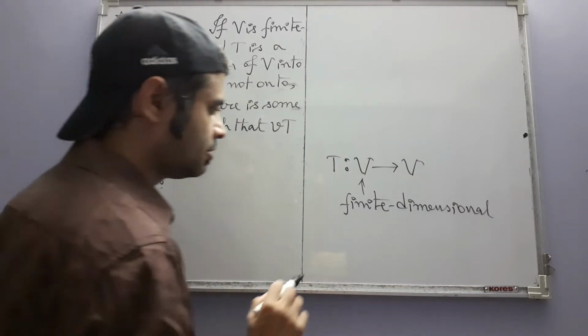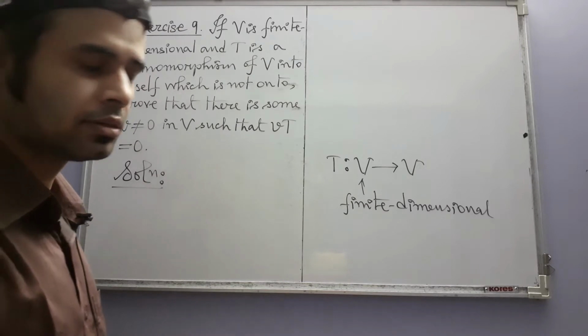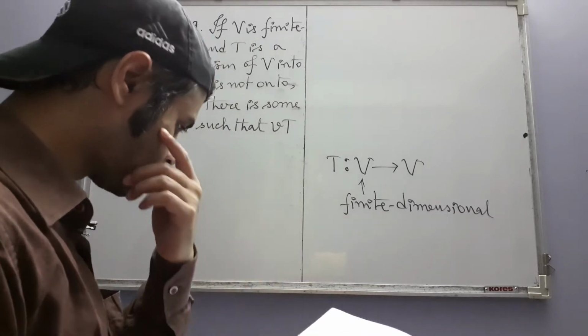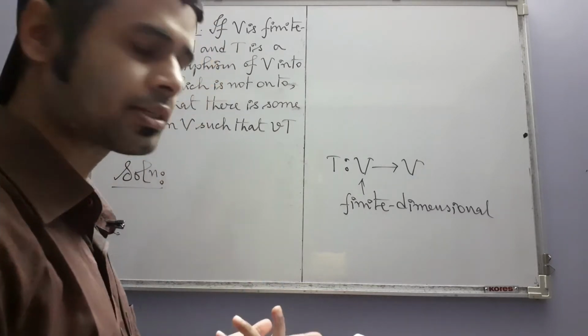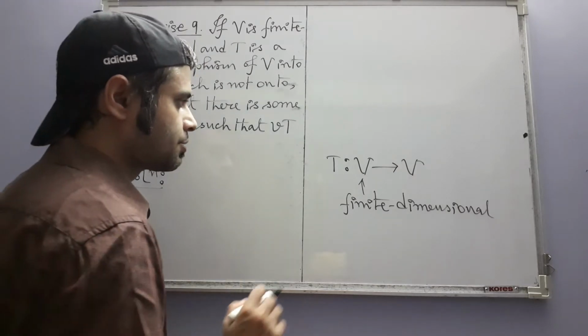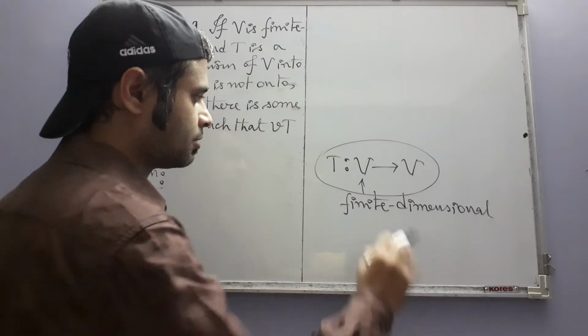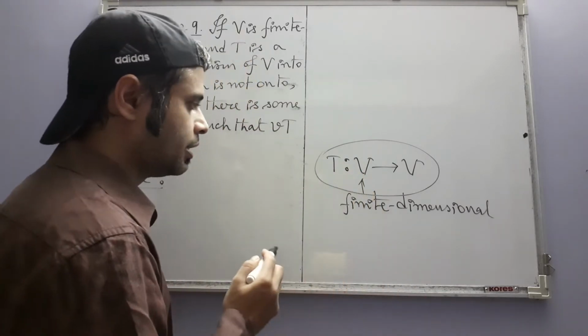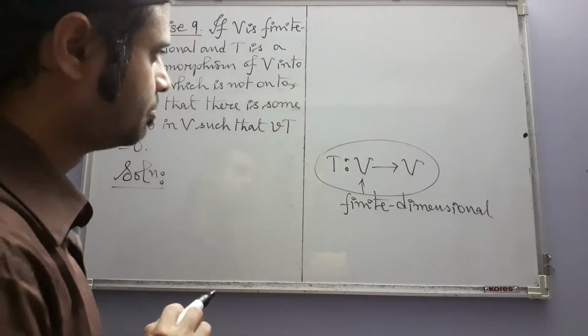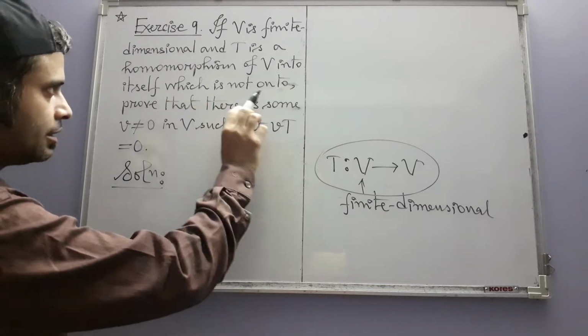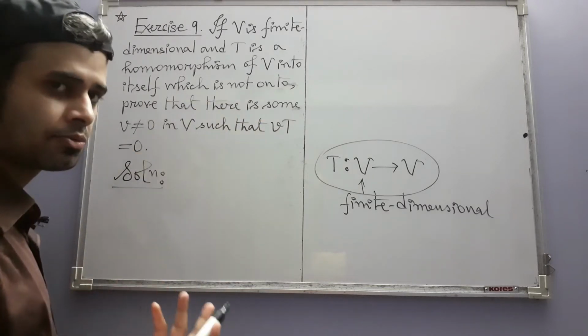That means T also cannot be 1-to-1, because we have already come across one exercise, Exercise 5. By Exercise 5, if you have a homomorphism like this which is 1-to-1, then it also has to be onto. But since it's given that T is not onto, T cannot be 1-to-1 either.